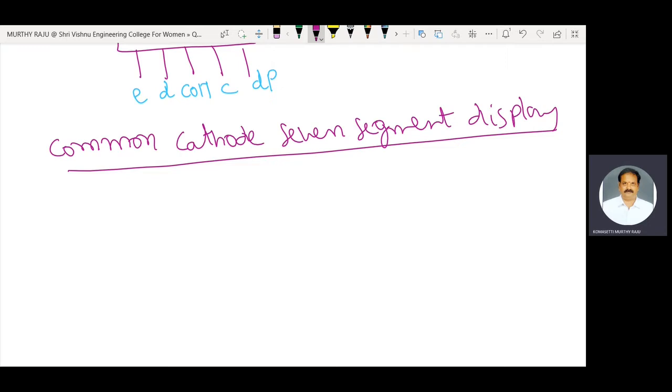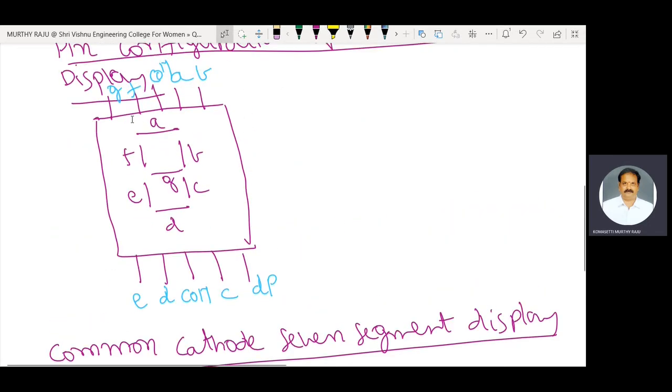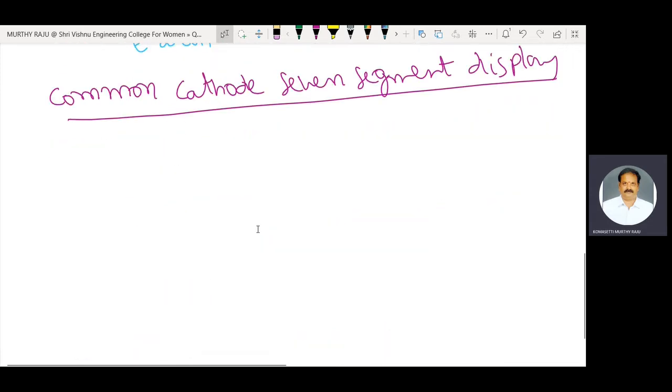In a common cathode 7-segment display, we require 7 LEDs. For letter A we use 1 LED, for B another, up to 7 LEDs.